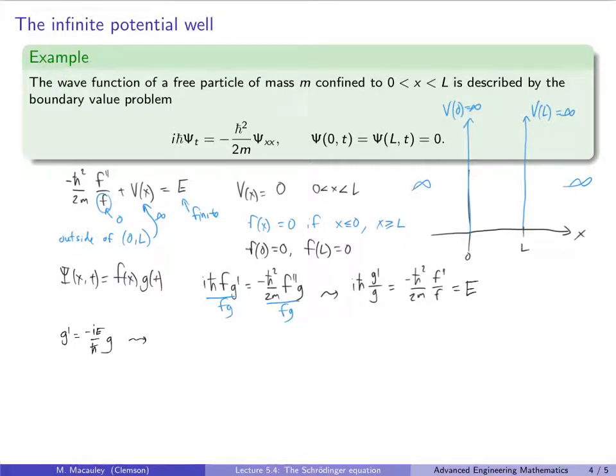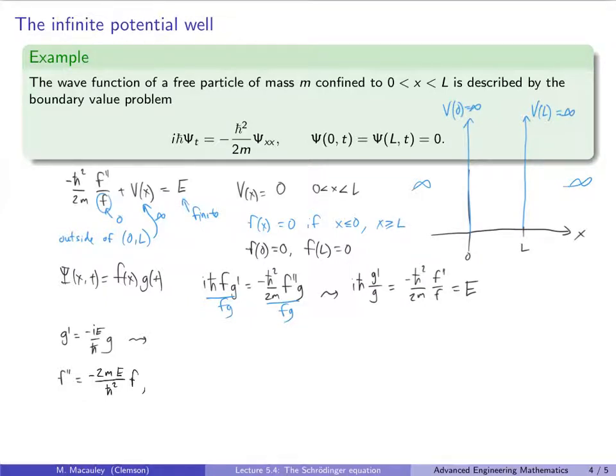And this led us to, well, let's hold off on that. I'll come right back to that. We also have f'' equals, well, let's collect these constants together and put them on one side. I think what we get is negative 2mE over ħ² times f.